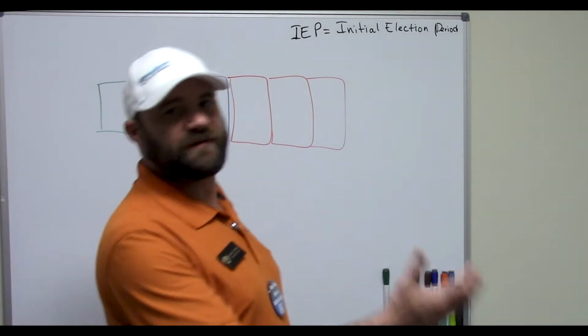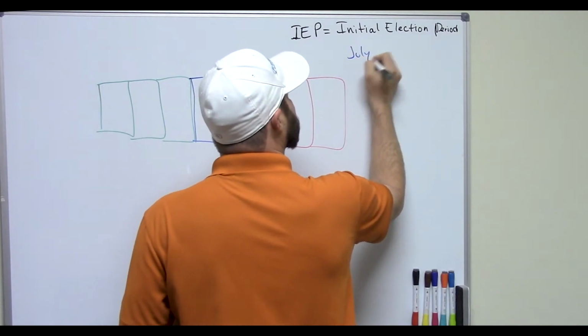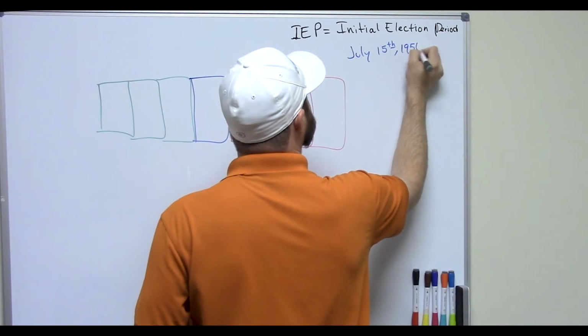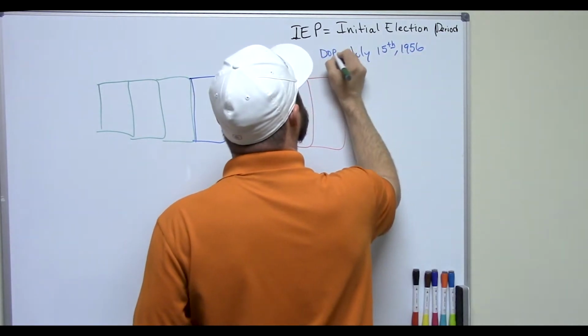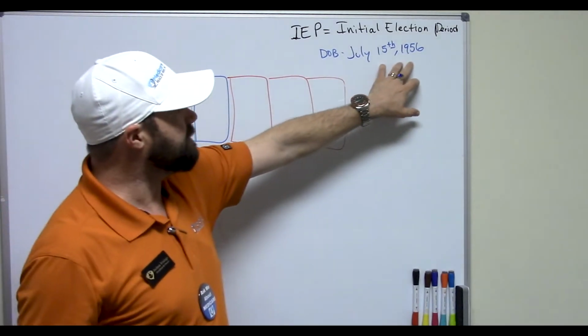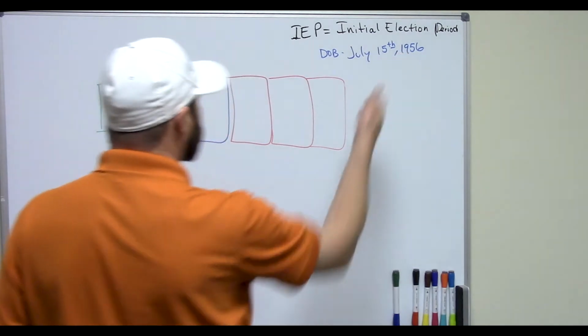So July 15th is their birthday. We'll say this person is July 15th, 1956. So a person who's turning 65 in July of 2021 was born in July of 1956.